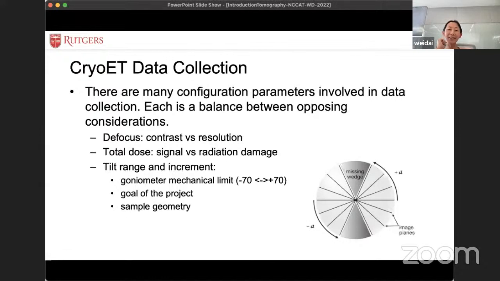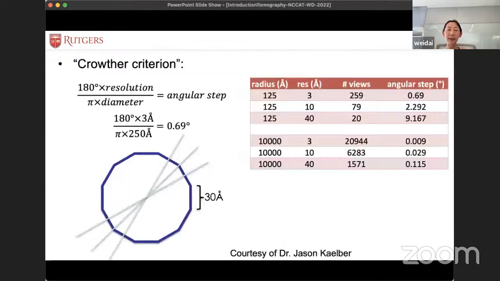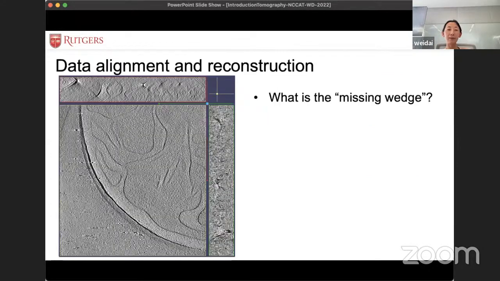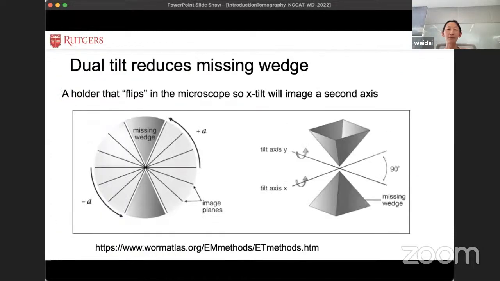I can think of two things we can do. Number one is we do double tilt. This is something people have been doing in the past, but it seems to be less popular nowadays. So for single tilt, you basically have a missing wedge. You have a wedge of information that you're missing from your tilt series, right?